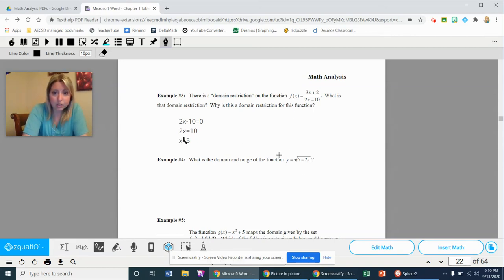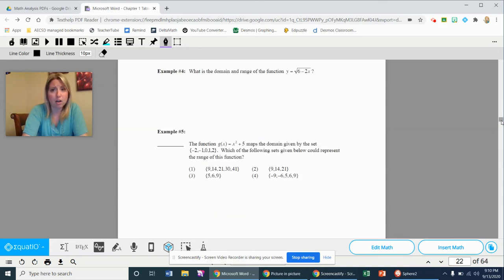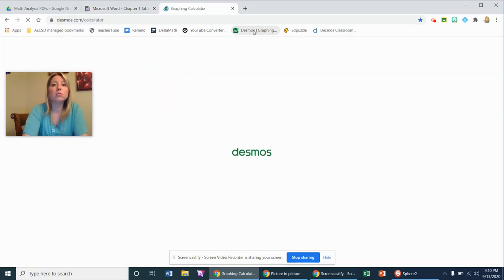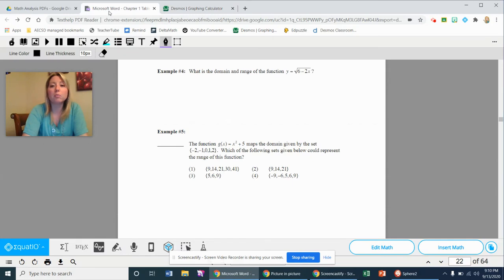Now, when you're looking at something like this and it asks you what's the domain and range, just plug it into your graphing calculator and look at it. You're going to know what your endpoints are. It's a square root, right? So it's going to continue on to infinity. I don't have a graphing calculator on me right this moment, but let's see if I can plug it in: the square root of 6 minus 2x.